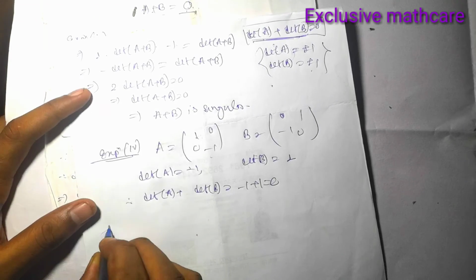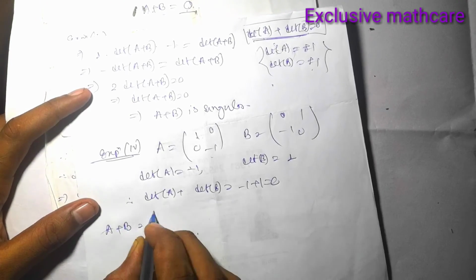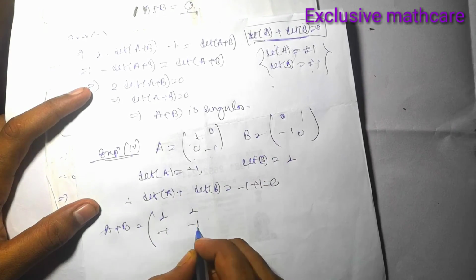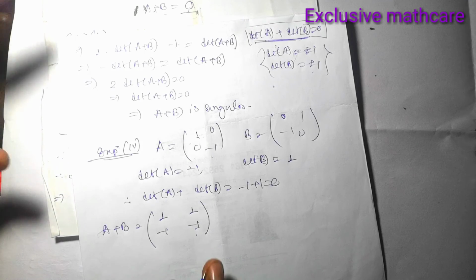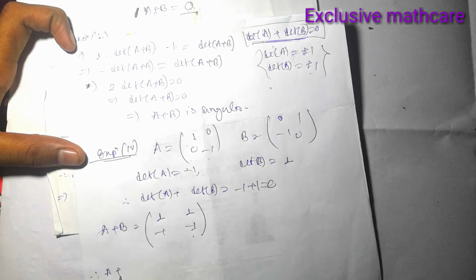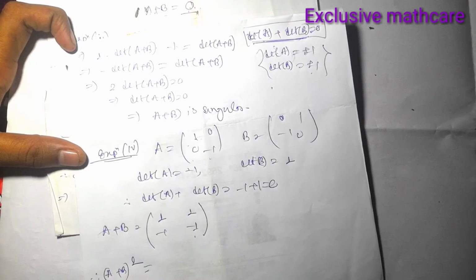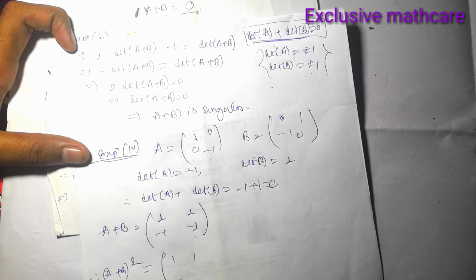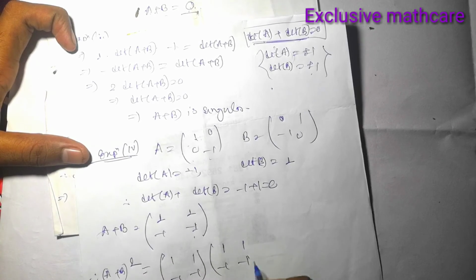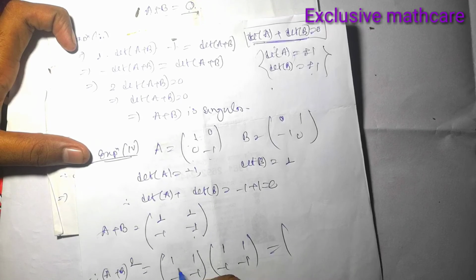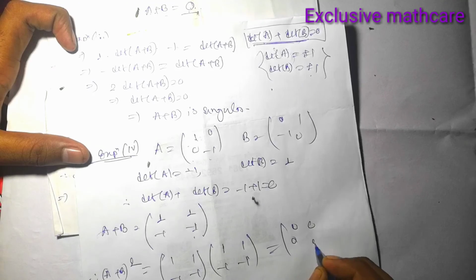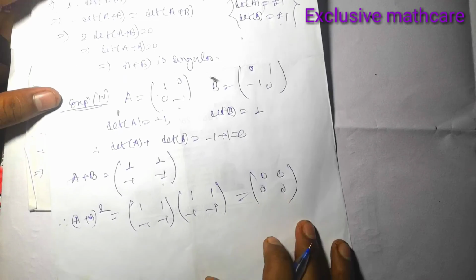So now we calculate A plus B. So from here [1, 1; -1, -1]. Now we check whether this matrix is idempotent or not. So (A plus B) squared equals [1, 1; -1, -1] times [1, 1; -1, -1]. This is equal to [0, 0; 0, 0], the null matrix.